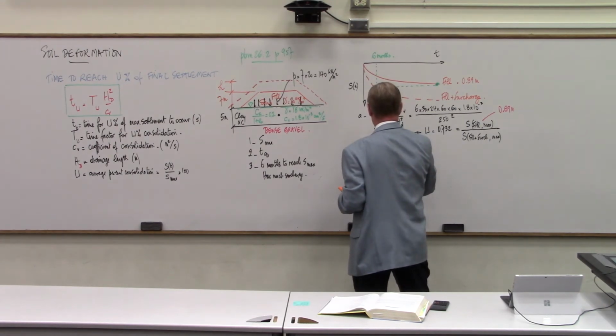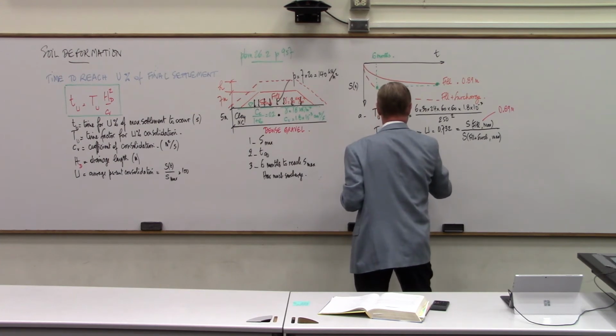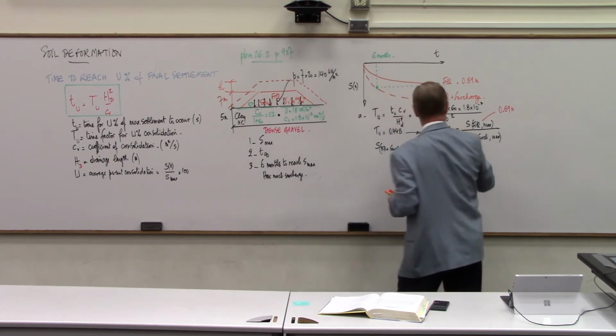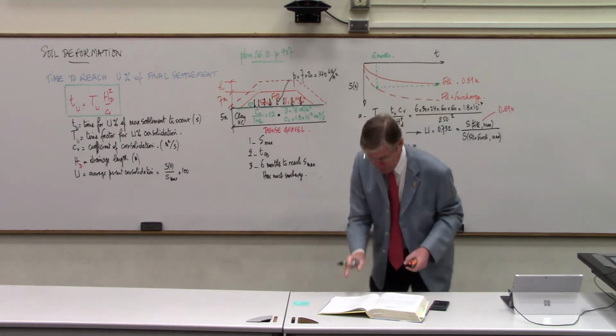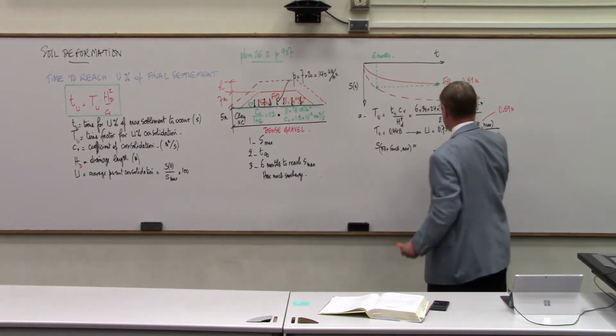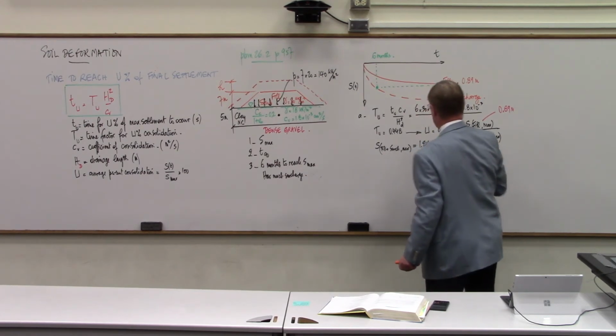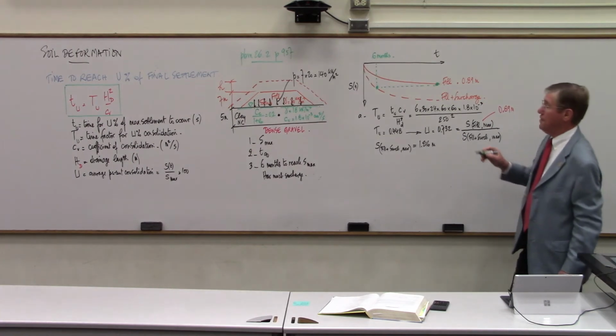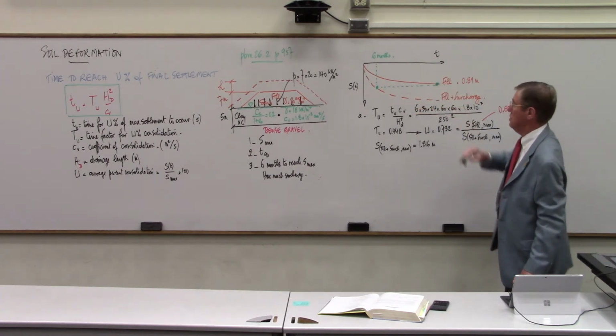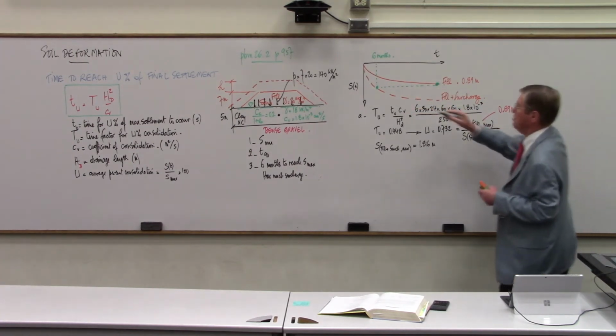So S, fill plus surcharge, max, equals, and by doing this, I found 1.216 meters. So that'd be the settlement if I put 7 meters plus the surcharge that gives me the 6 months for 0.89 meters.